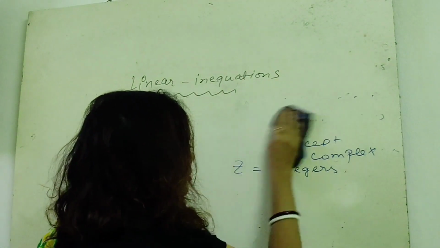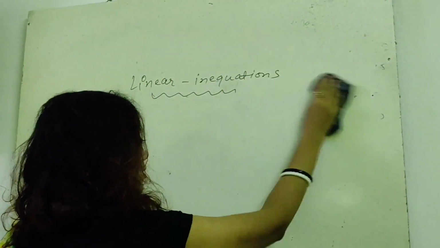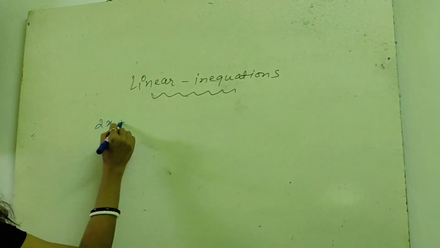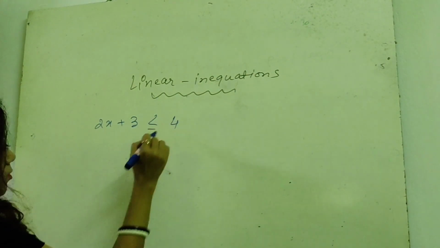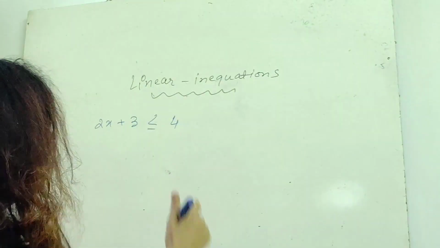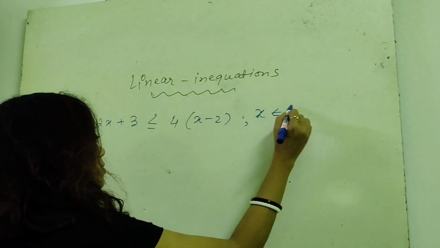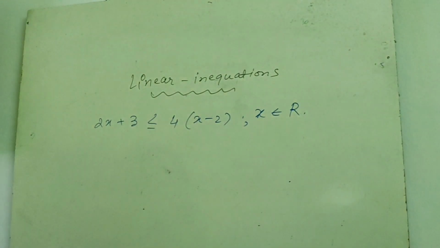First, I'll give an example of an easier one, like 2x plus 3 less than or equal to 4x minus 2, where x belongs to real numbers. It's a very easy one.